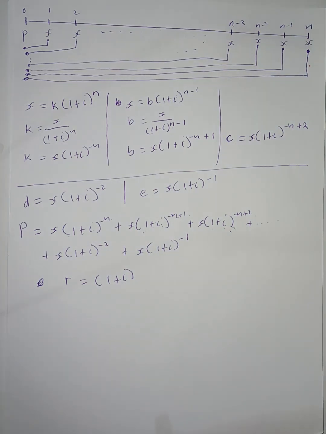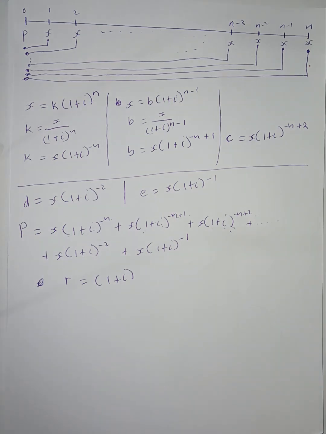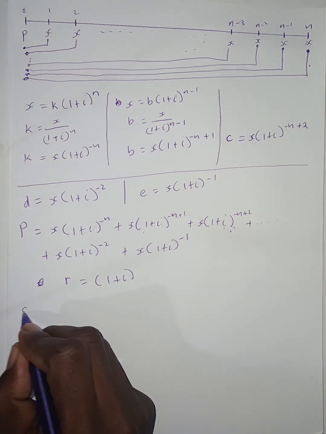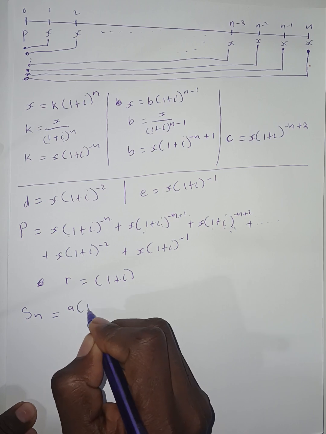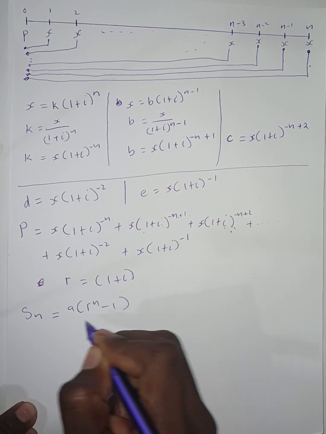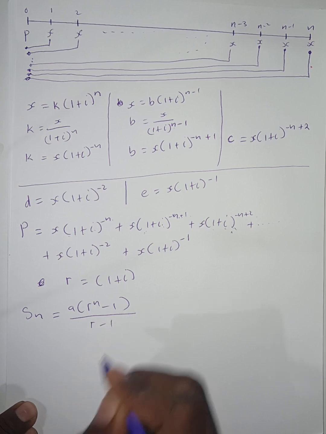To find the sum of all of these amounts, I'm going to use the sum of a geometric sequence formula. We know that Sn is equal to a times (r to the power n minus 1), all divided by r minus 1.